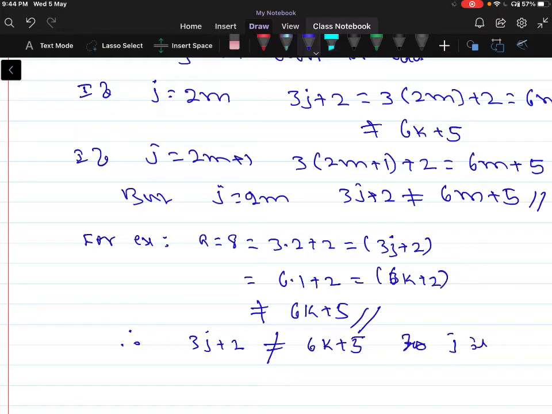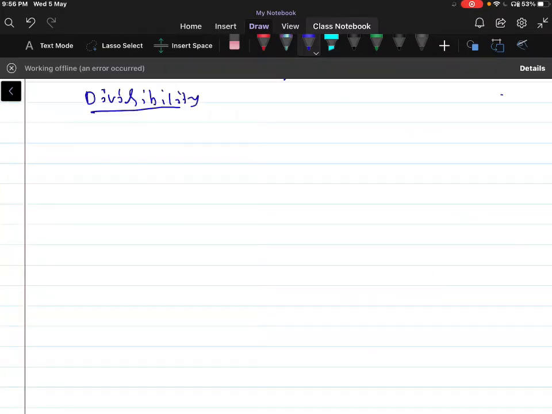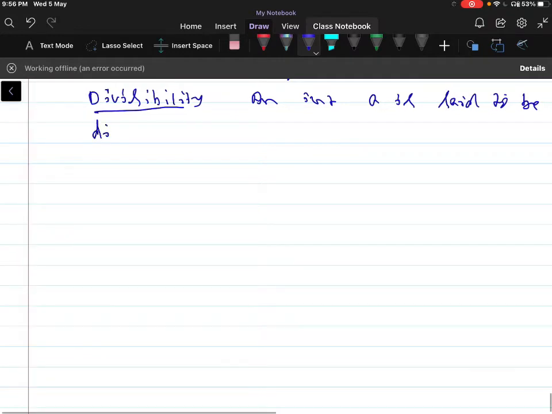Let us move to the definition of divisibility. An integer a is said to be divisible by an integer b where b is not equal to 0.